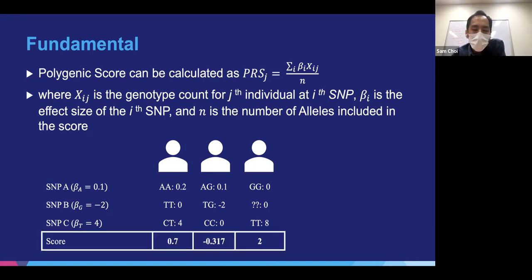So after that, we can calculate the score. The first person has a score of 0.7, the second has a score of -0.317, and the last person has a score of 2. So this is the general concept of how a polygenic score is calculated.